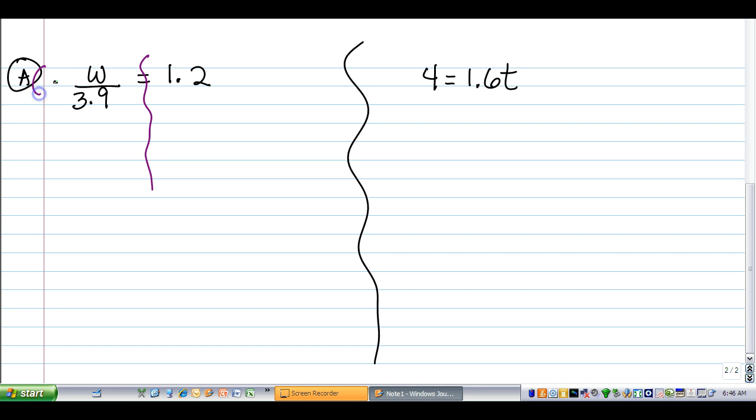I'm going to multiply this side by 3.9. I'm going to multiply this side by 3.9. These cross off. I bring back down my W. Now here's the exciting part. You can use your calculators for this. So plug in your calculator, 1.2 times 3.9, and you should get 4.68.